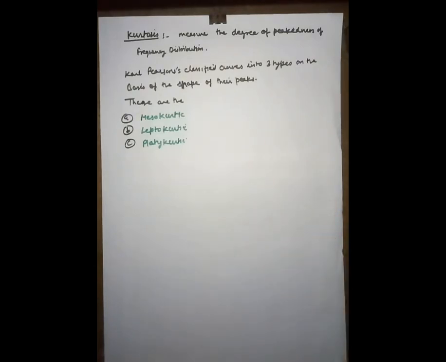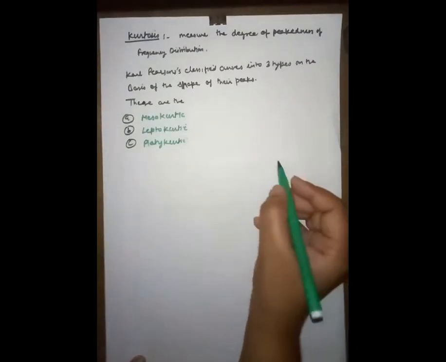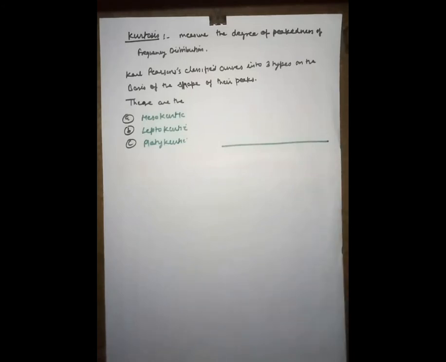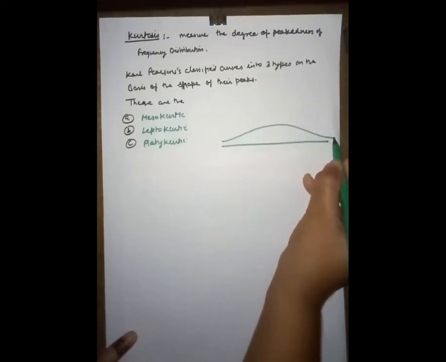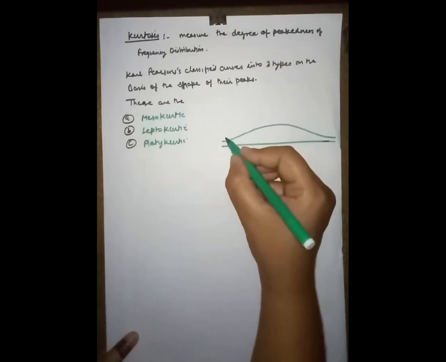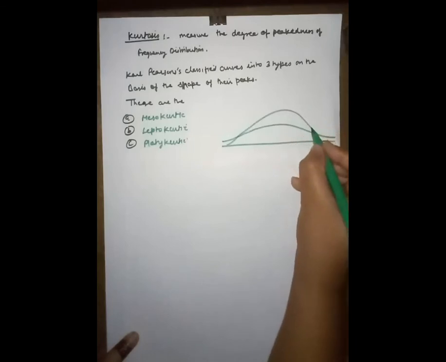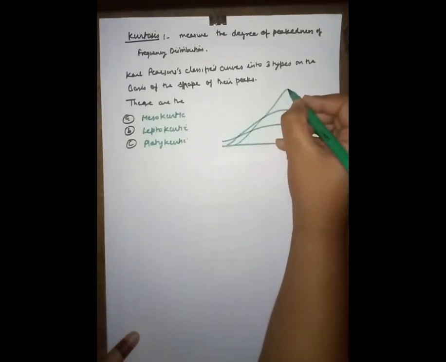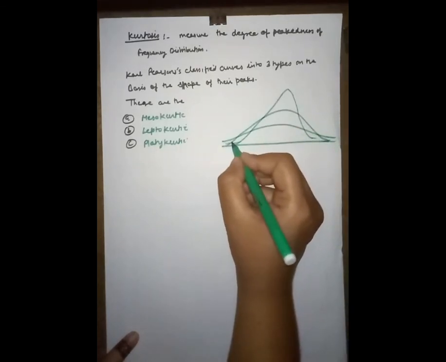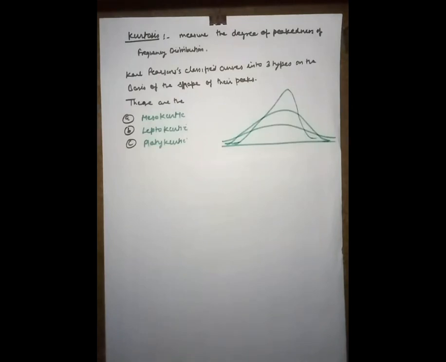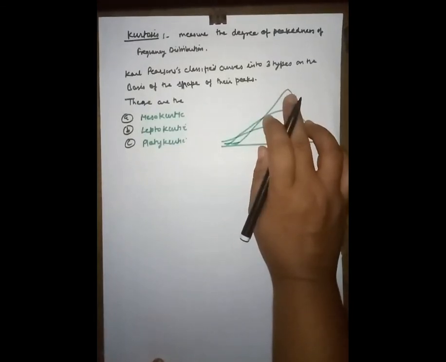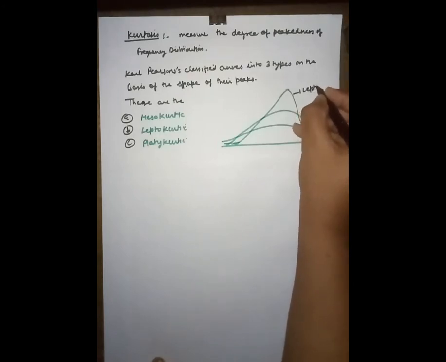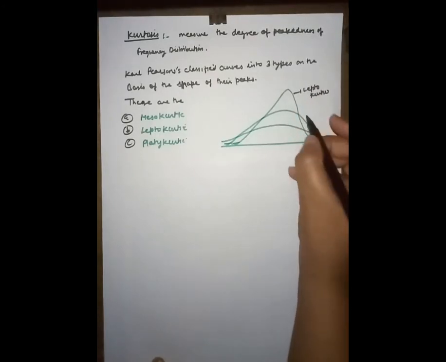These 3 types of curves are shown here. In this case, the first one is where the peak is high, so this one is called leptokurtic.